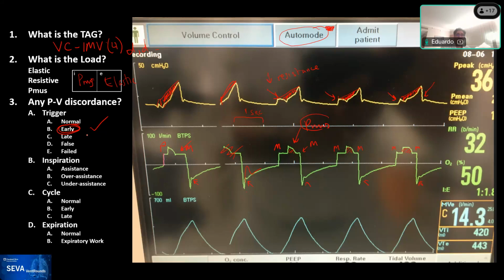So that's an important thing. So even though right now you're going to call something during inspiration, be aware that that is a manifestation of the first discordance that occurred. And so if you see early trigger in this case, we usually do not call the next ones, although it looks like what I hope that you are going to call.